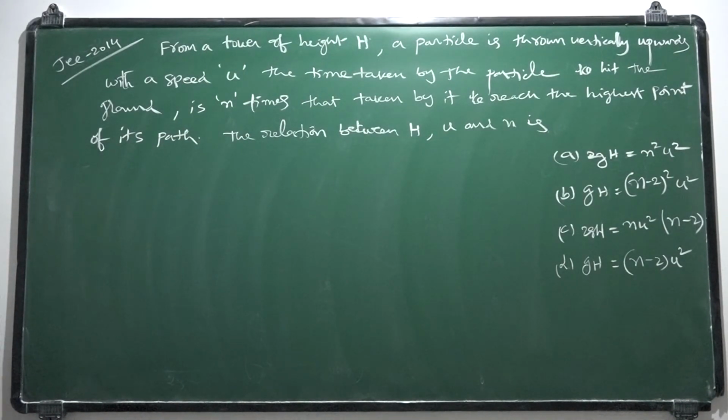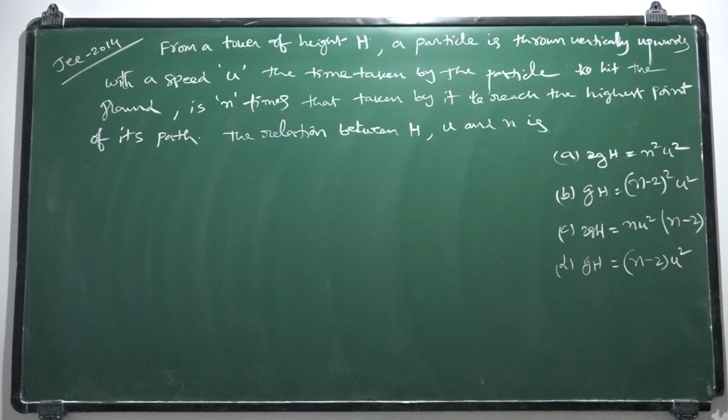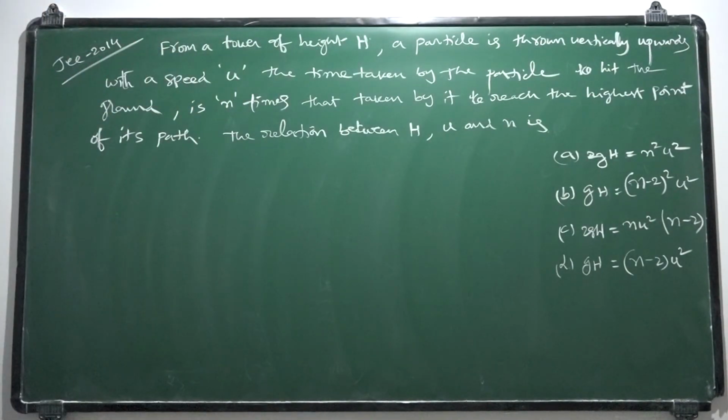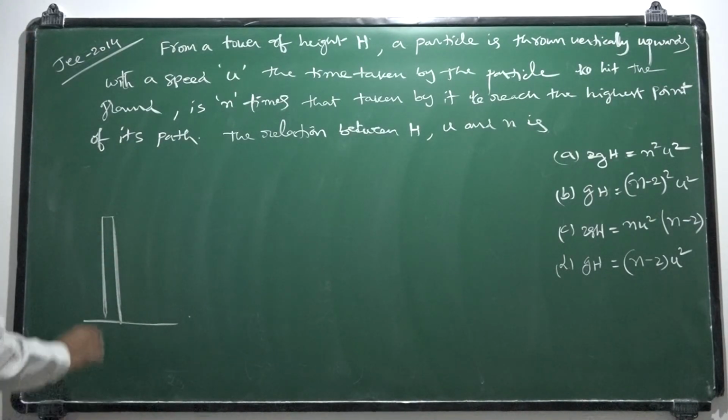Let us see how to solve this. Already we discussed vertical projection from the top of a tower. What are the conditions to be taken into consideration? So here there is a tower of height h. A particle is thrown vertically upwards with a speed u.